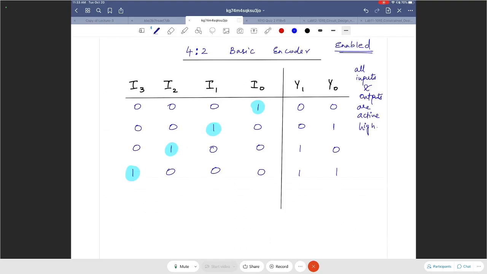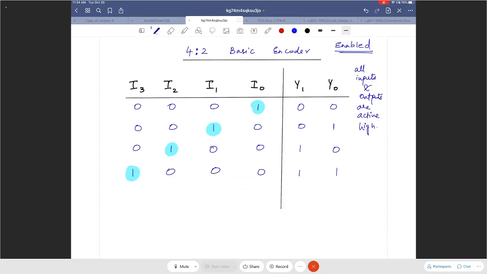But to be able to start talking about a priority encoder, we need to first talk about a basic encoder. That's what we are doing. All right, so that's your truth table for a 4 to 2 basic encoder.